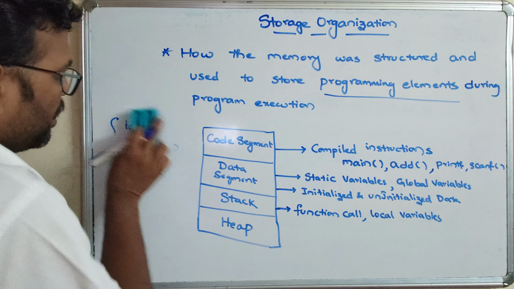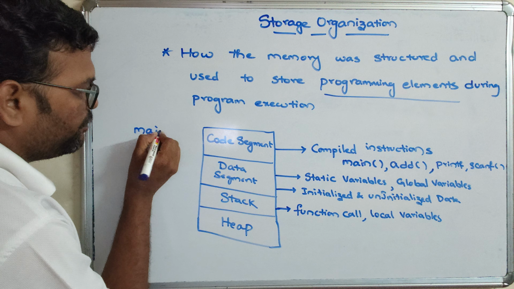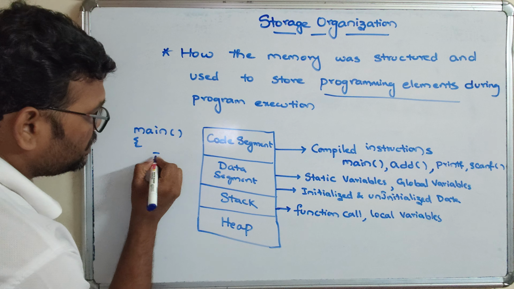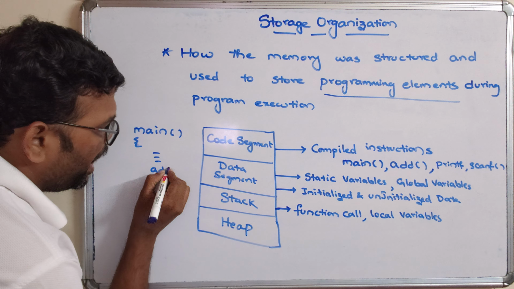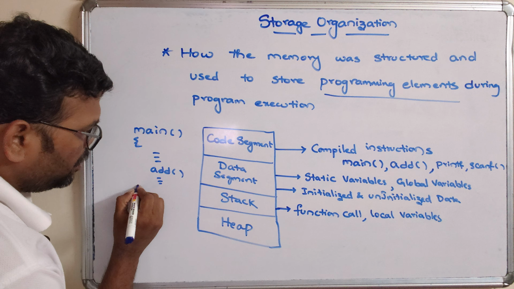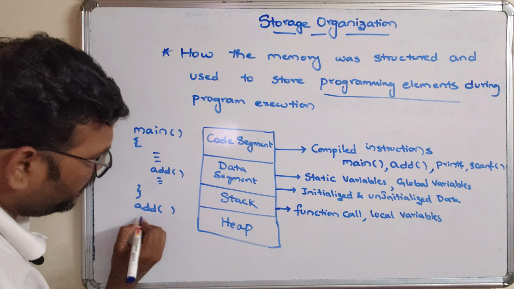For example, say we are writing some main function, and after some instructions I have written one more function, add, and some other functions, and here we are writing the function definition.